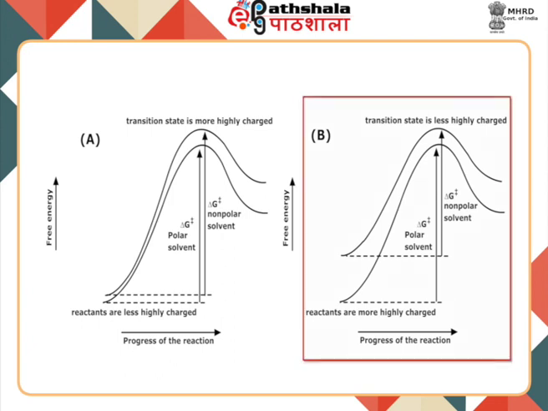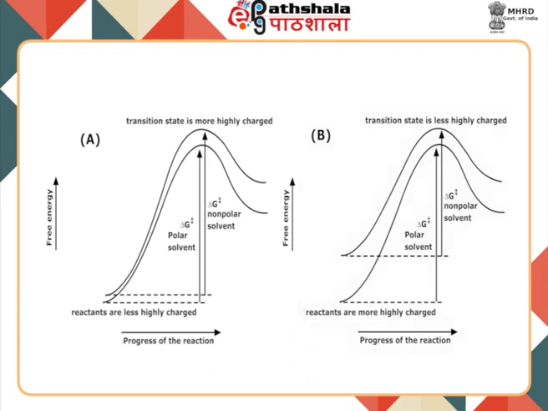A represents the reaction coordinate diagram for a reaction in which the charge on the transition state is greater than the charge on the reactants, whereas B represents the diagram for a reaction in which the charge on the reactants is greater than the charge on the transition state.